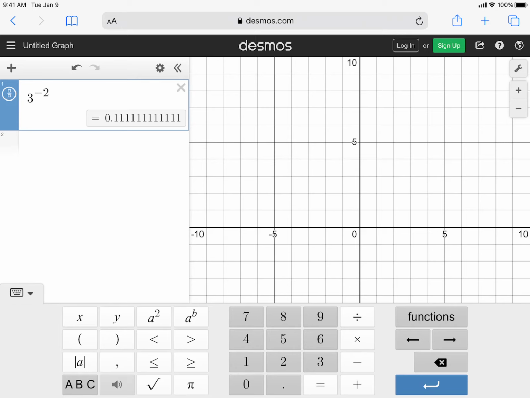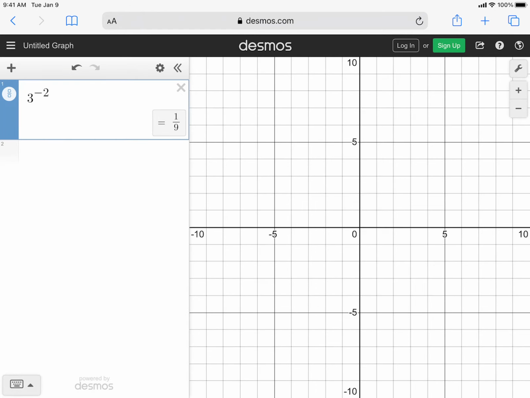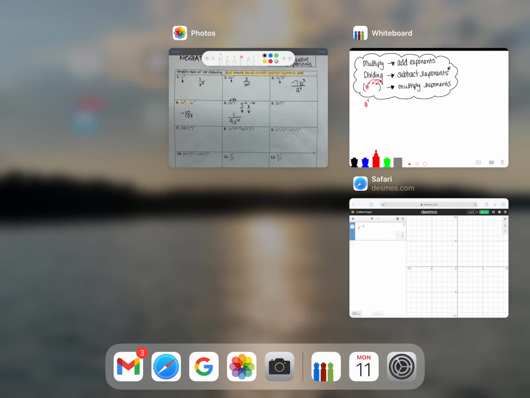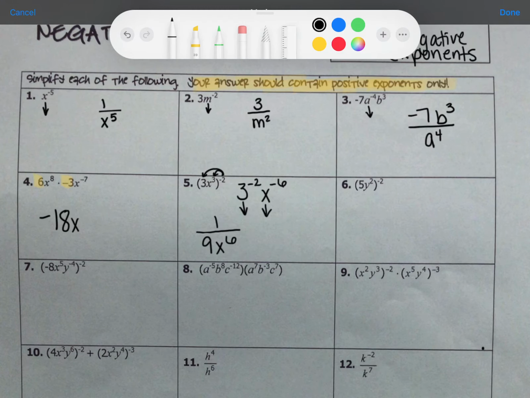Okay, so it gives you 0.111111. Remember that little circle on the left side there with the fraction in it? If I touch that, it changes it, so it's 1/9. So 3 to the -2nd power is 1/9, and that's what I have on my paper, 1/9, and then x to the 6th had to go down to the bottom as well. So it's best written with 1 over top of all of the 9 times x to the 6th. Questions?